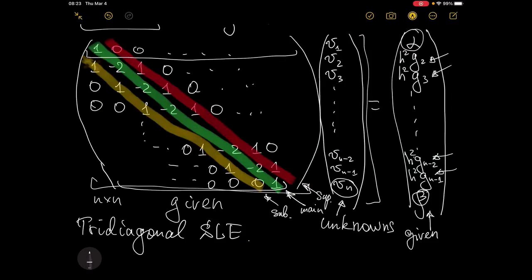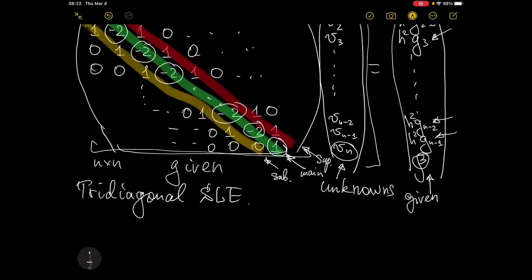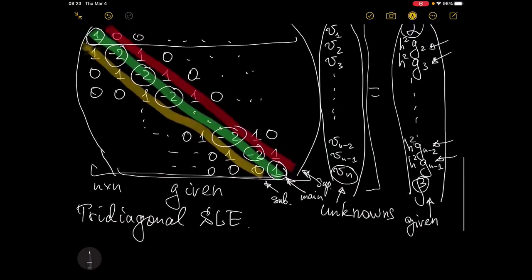Could you tell me? Let us count: 1, 2, 3, 4, and so on, n minus 2, n minus 1, n. So exactly n entries, right? Is it clear or not? In order to store the main diagonal.